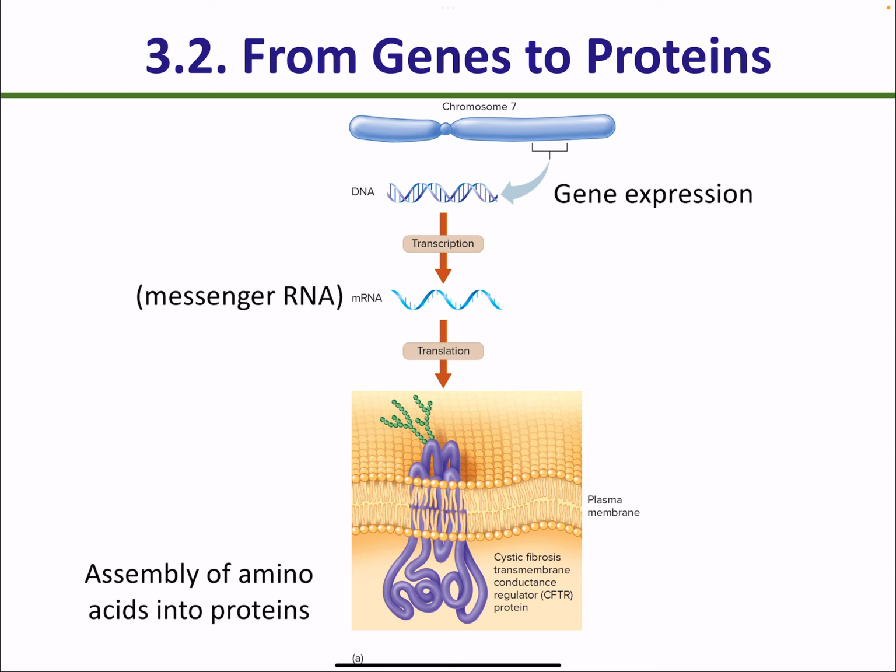Now, let's take a look at gene expression. For that, we are going to take the example of one particular gene of interest to us. It's the gene that encodes a transmembrane protein that we call cystic fibrosis transmembrane conductance regulator, CFTR.